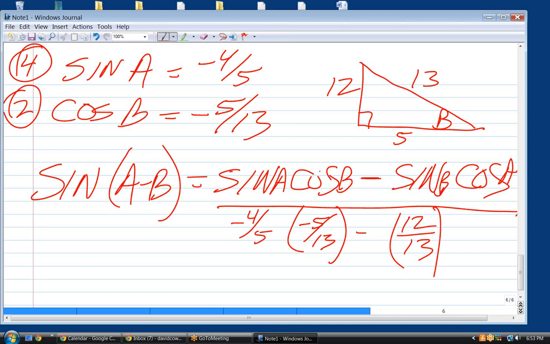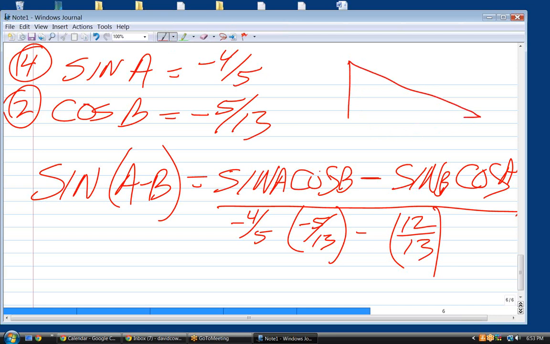What's the cosine of A? Let's draw another triangle, because these are two completely different triangles. A is this angle here, and it's also a 3, 4, 5.